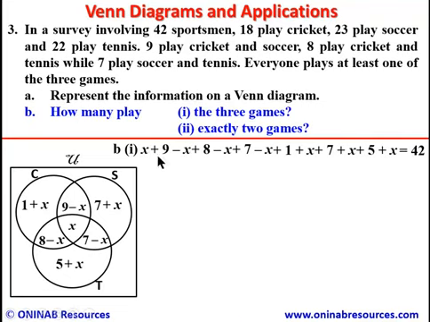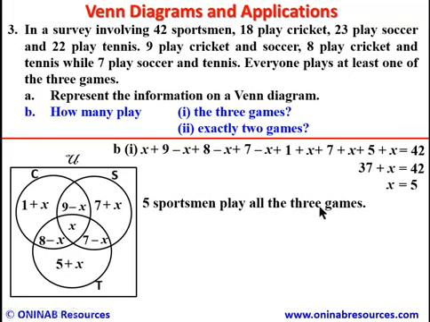So this cancels, this cancels, this cancels, so I'll be left with 37 plus x is equal to 42. If we add up these numbers, x is equal to 5. So 5 sportsmen play all the 3 games.